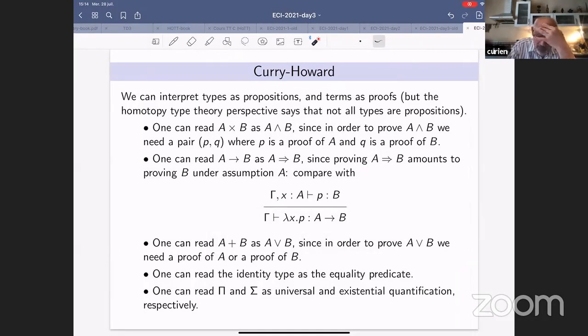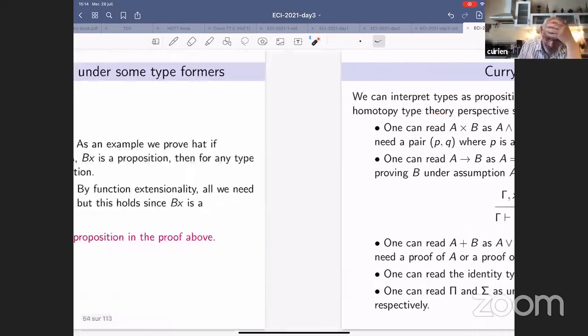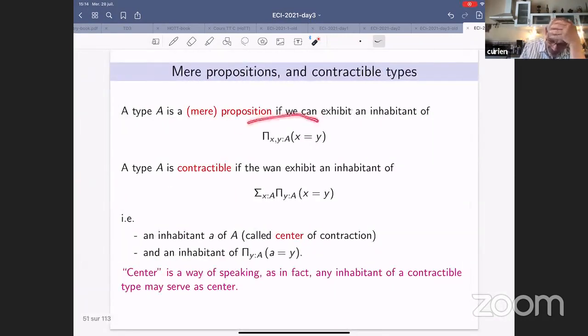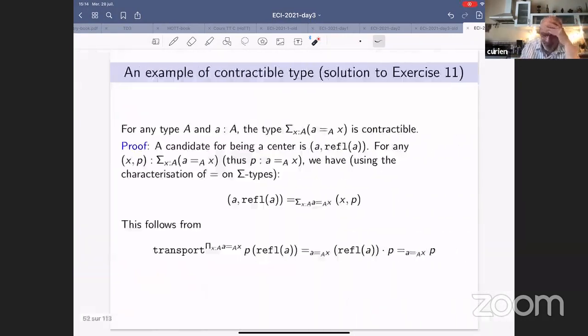And what we learn from homotopy type theory is that only half of this statement is true. So not all types are propositions. Some types are propositions, and we have a technical definition of what a proposition is.